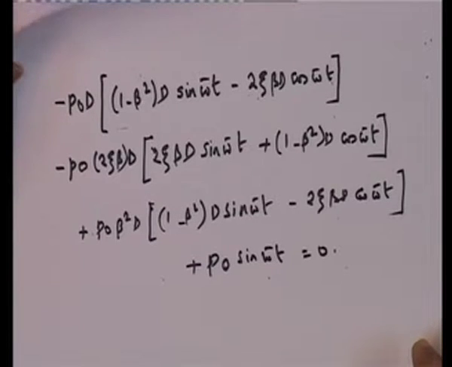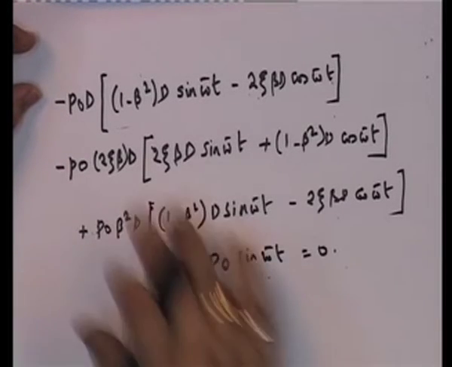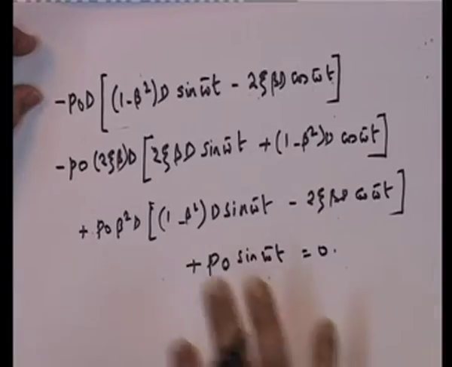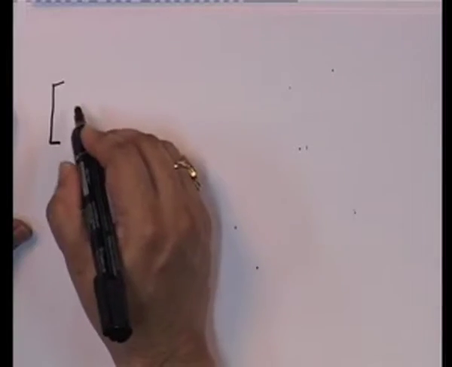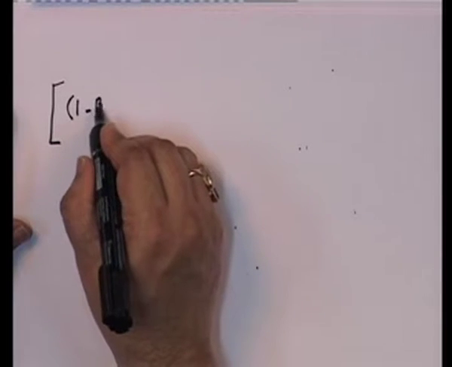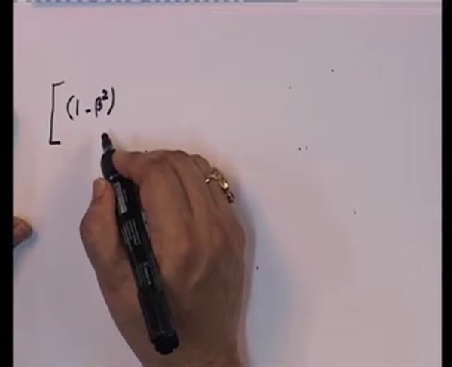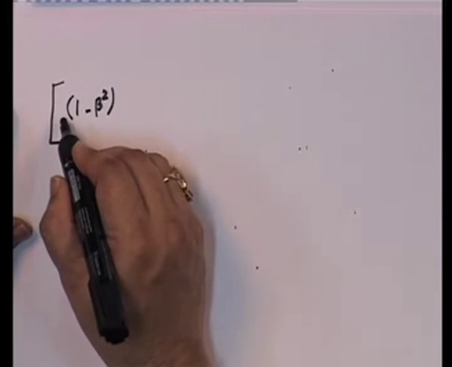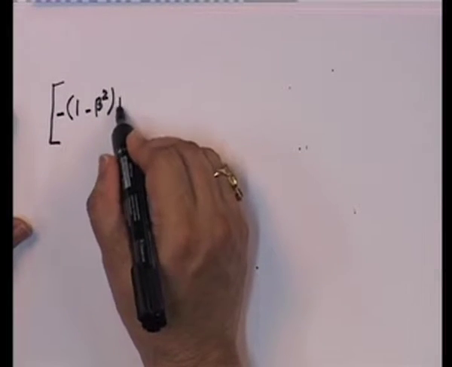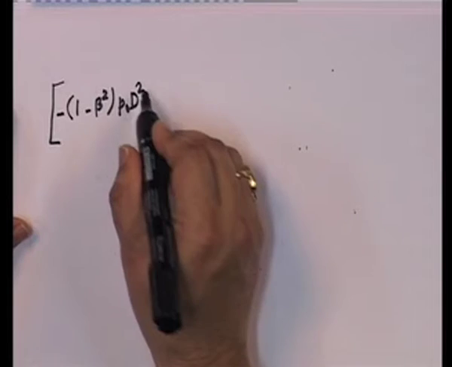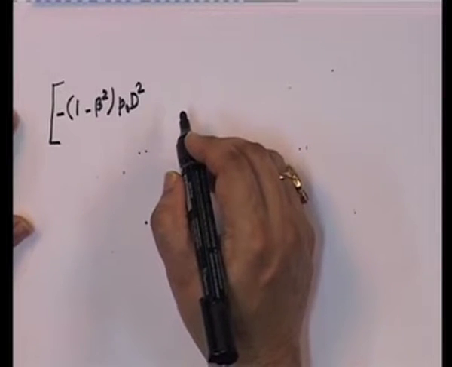Now let us look at putting all the sine terms and cosine terms together. If I put together all the sine terms, it becomes 1 minus beta squared, minus P naught d squared. That comes from the first one.